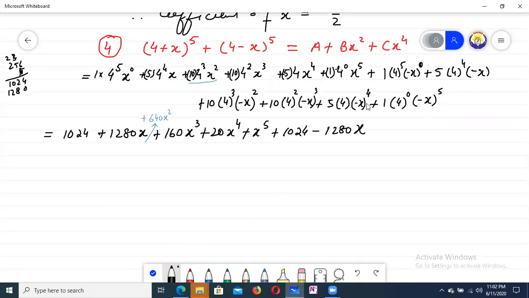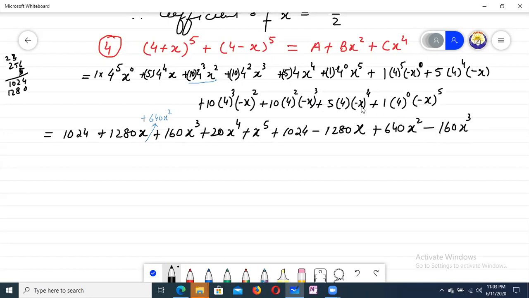Now here, this one, 4 cube is 64, 64 into 10 is 640, plus 640 x square. Then here 4 square 16 into 10 is 160. This minus x cube will be minus 160 x cube.